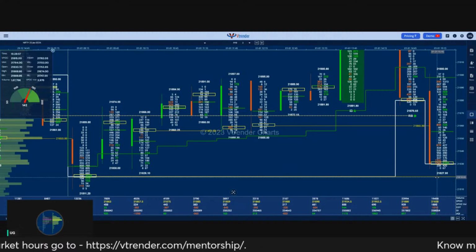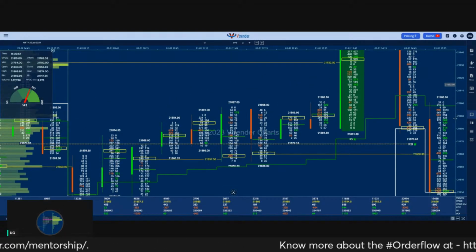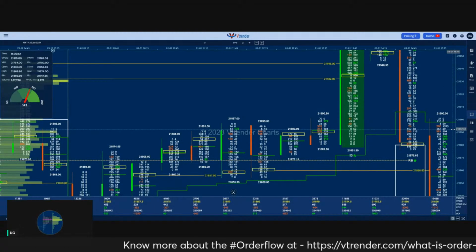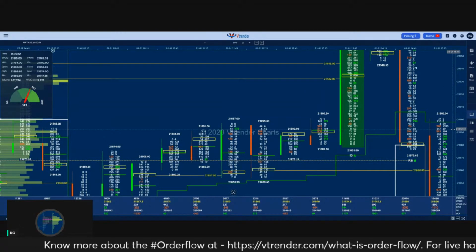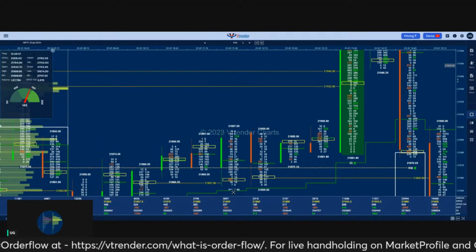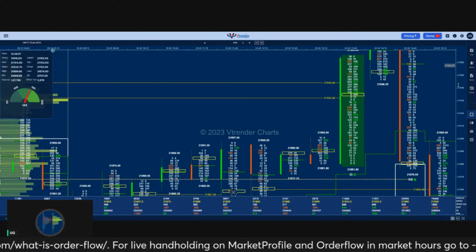It defended even the 21820 yesterday also. So that became an important reference, and it becomes more important as it has not been tagged, it has not been visited. That means there is some institution which is defending that zone.